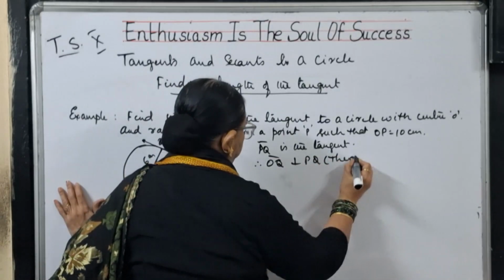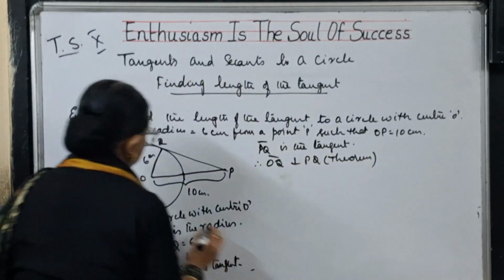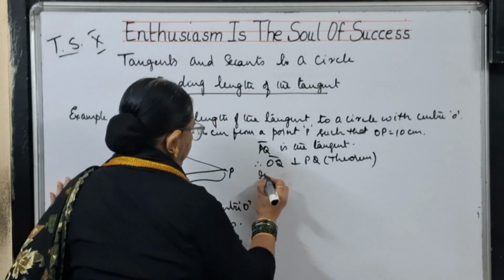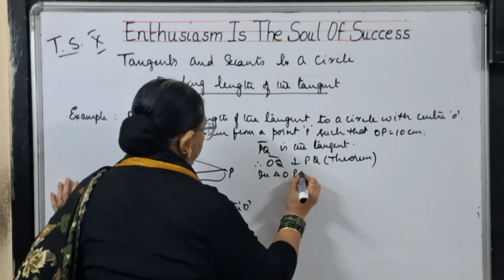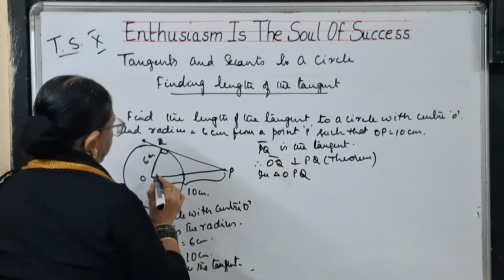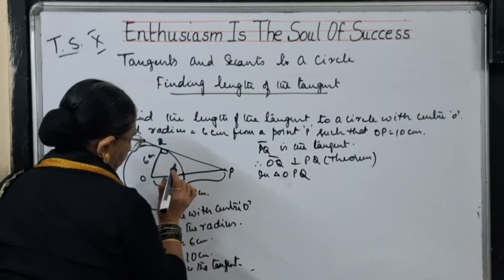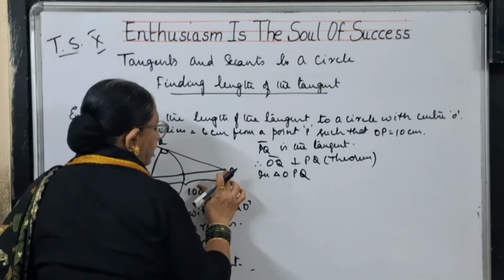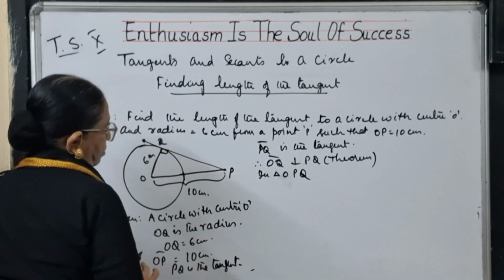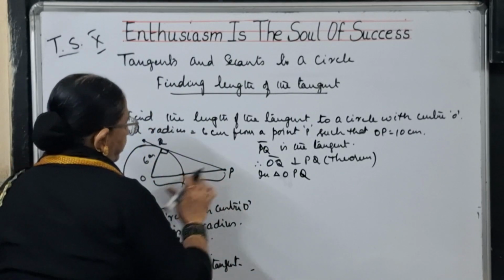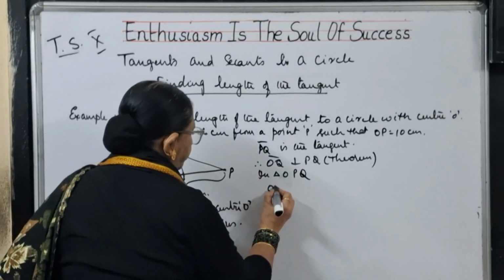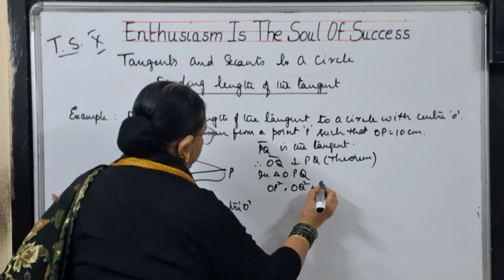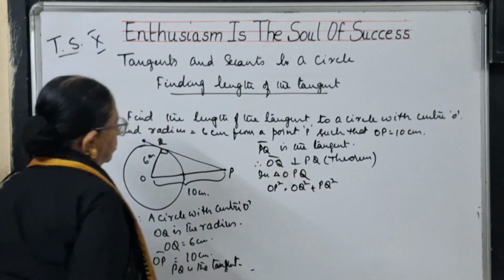Basing on the theorem we have learned, OQ is perpendicular to PQ. So, in triangle OPQ, this is the opposite side of the right angle. What do you call this? Hypotenuse. OP is the hypotenuse. So, OP square is equal to OQ square plus PQ square.